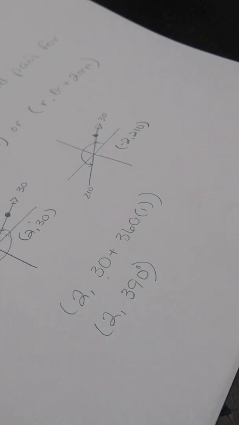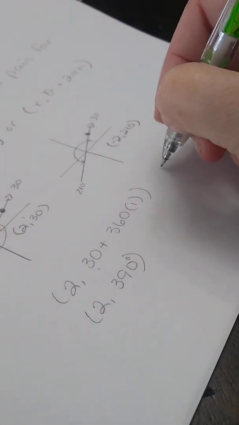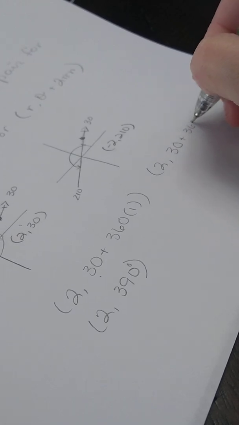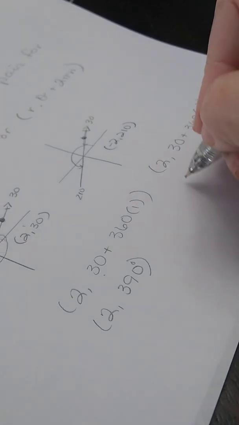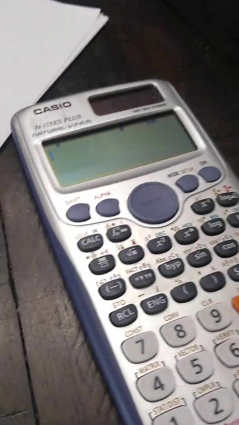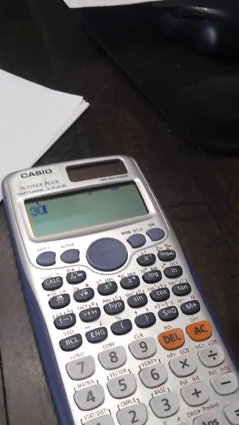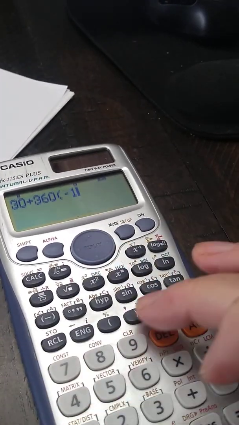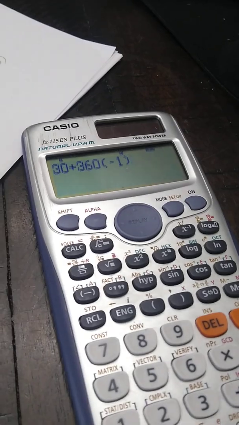Now, to get a negative, I could have done 30 plus 360 times -1. So, let me use my calculator, my handy dandy calculator for this one, because you know I'm not even awake, so I don't have any idea what this is in my head. I'm just kidding, I'm awake. -330.